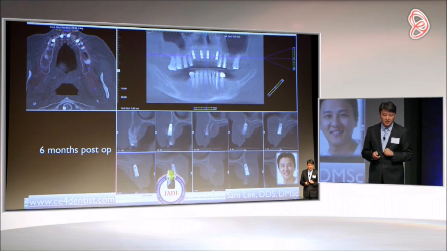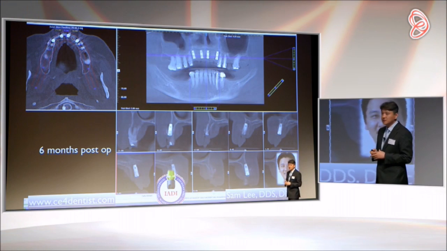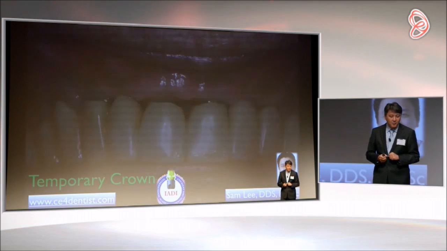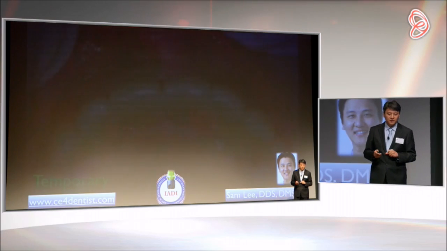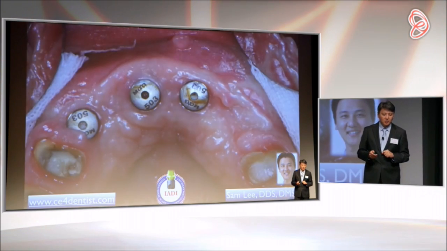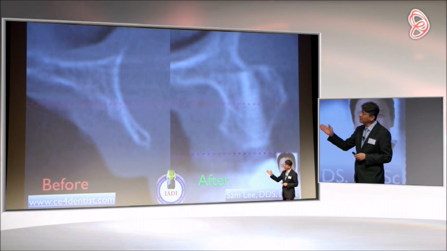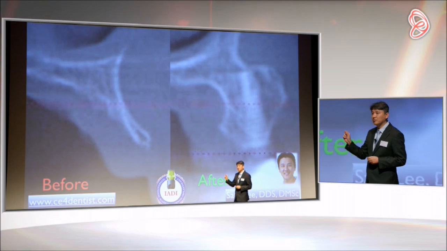So as you can see, 6 months is very disappointing because you will not see a lot of bone around the dental fixture. But when you wait about 12 months, you will find a lot of bone around these fixtures. As you can see on your left, before we have 1 to 2 millimeter thickness of the bone.